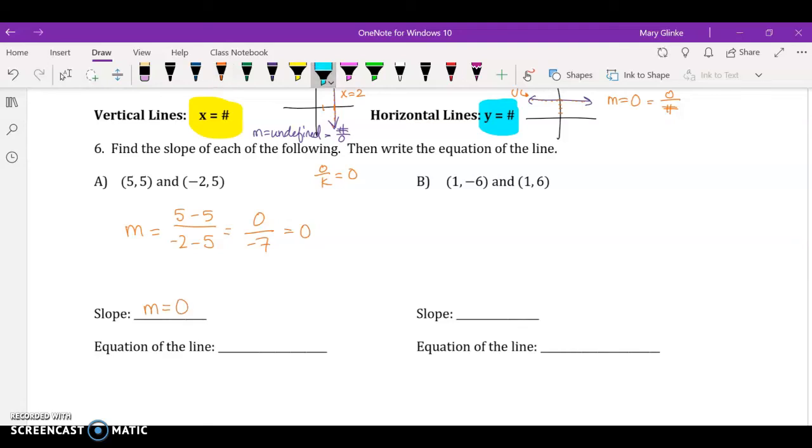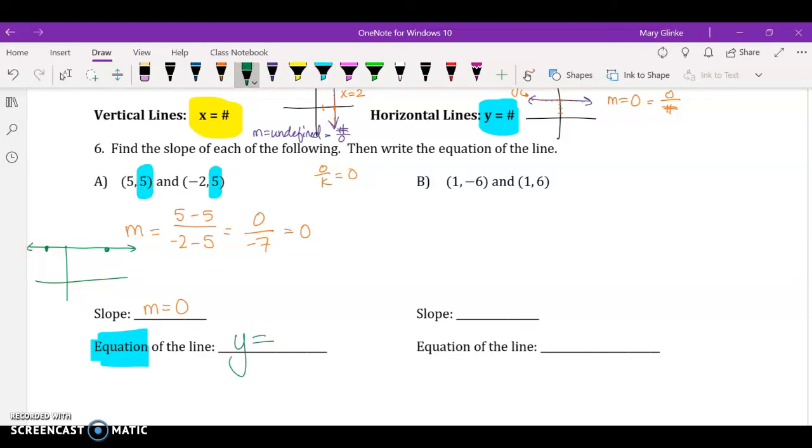But that doesn't mean the equation of my line is 0. When your slope is 0, you have to go back and think about what these points would look like. 5 comma 5 is here, negative 2 comma 5 is here. The reason why my slope is 0 is because it's across horizontally, which means the equation of my line is going to be y equals, and the number that it equals is going to be the constant in these 2 points here.